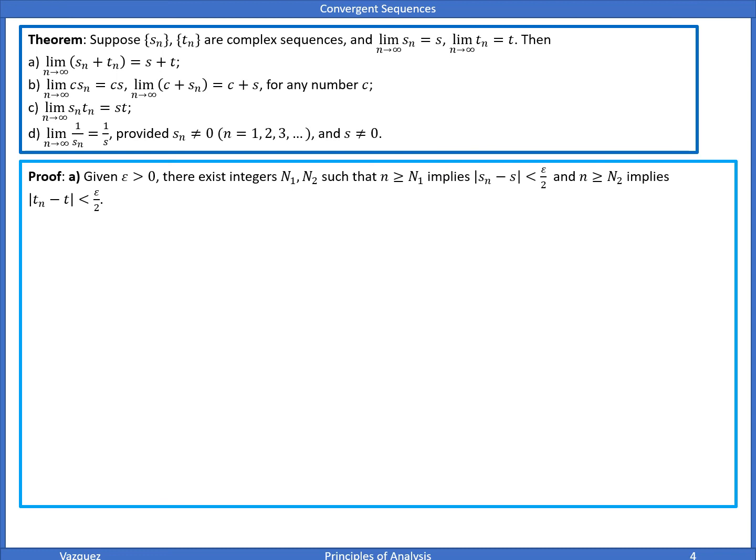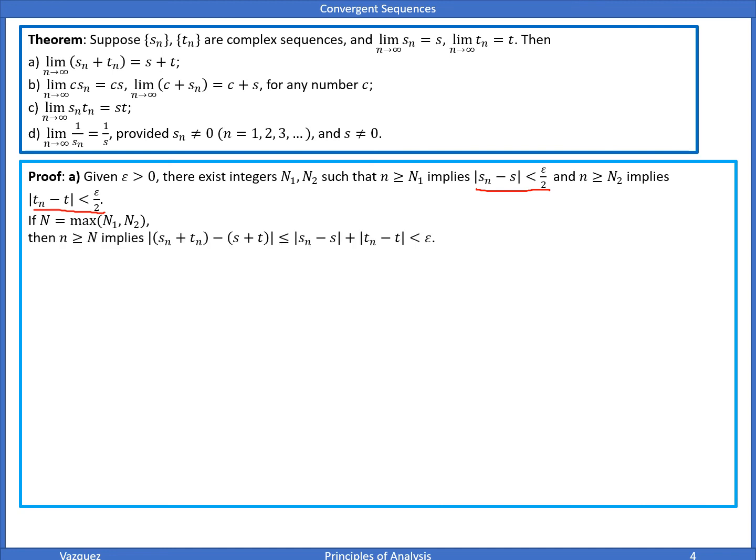First one: given epsilon greater than 0, there exist n1 and n2 such that the distance between S sub n and S is less than epsilon over 2. So we're just using the definition of convergence of a sequence. Same thing for T sub n. Now we choose n to be the max of those two so that we get that both converge.